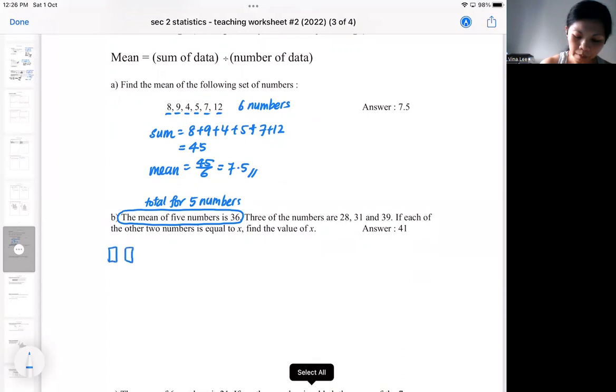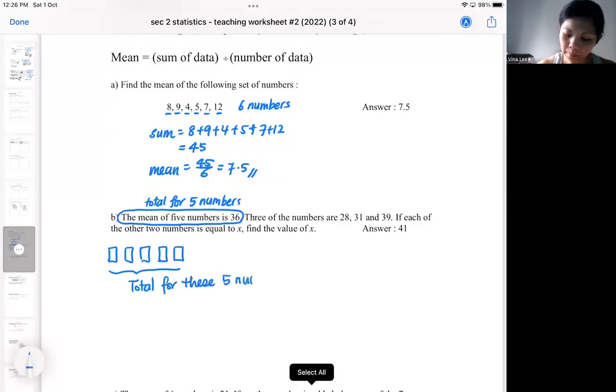Now I have the average for the 5 numbers. If I average out the 5 numbers, it's 36 each. So I should be able to get the total, which should be 36 times 5. If you have the average, you should be able to relate to the total.